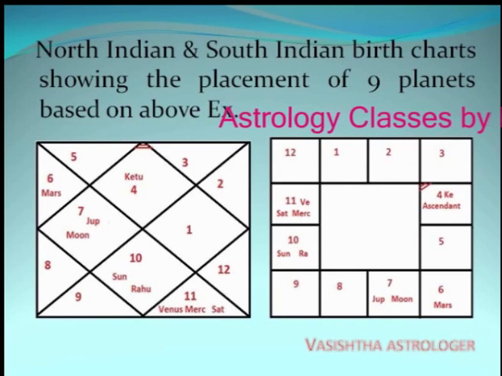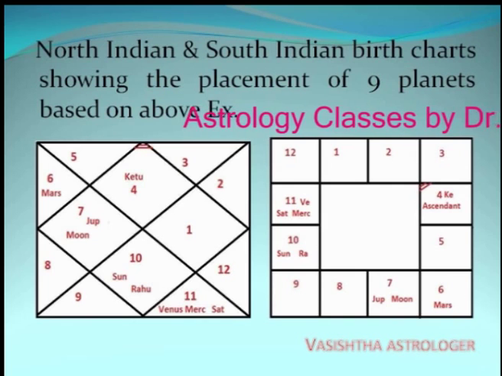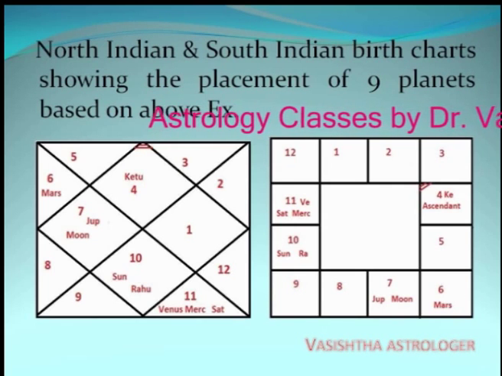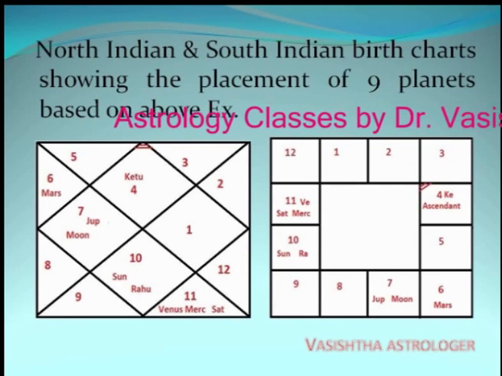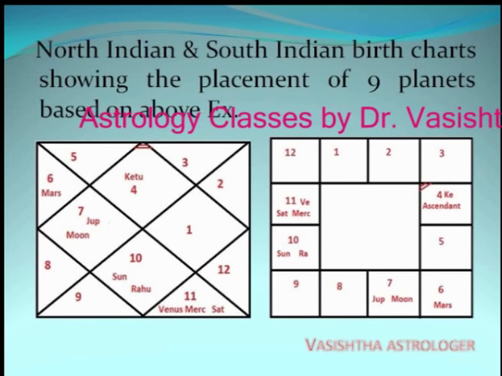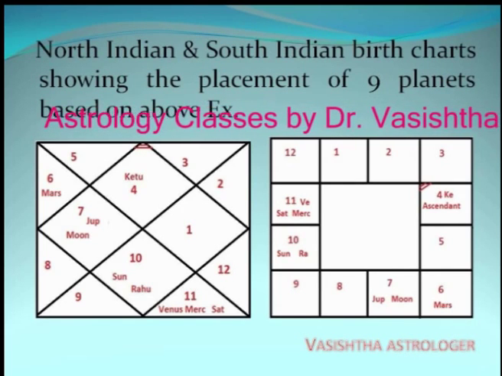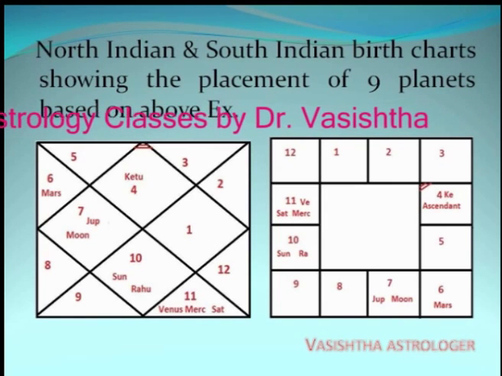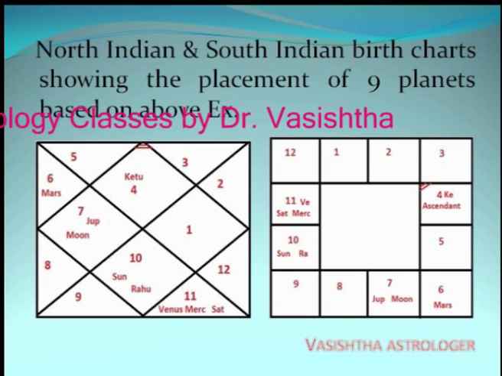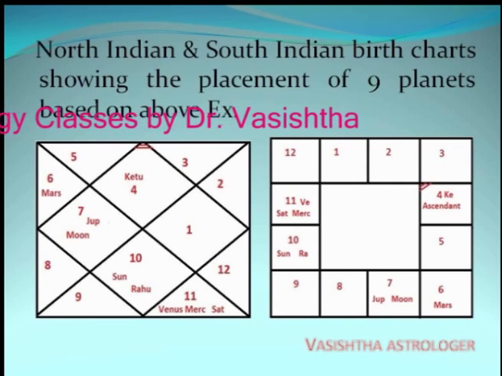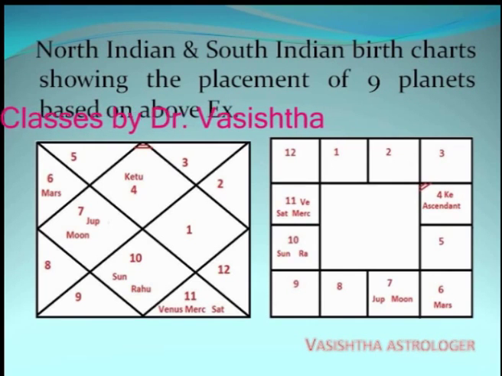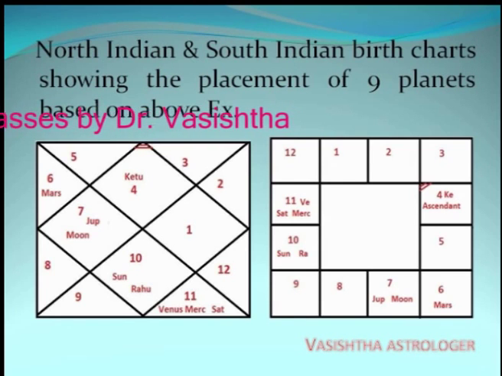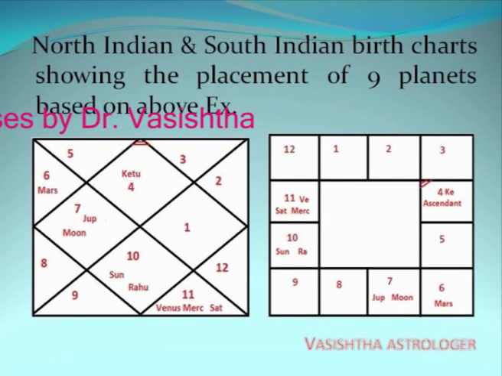In North Indian format, we place ascendant in first house, and in South Indian format of birth chart, the house in which ascendant, that is fourth sign, is placed is marked as first house. Study both the formats carefully. Study them one by one. Also observe the signs, that is rashis, placed in other houses.